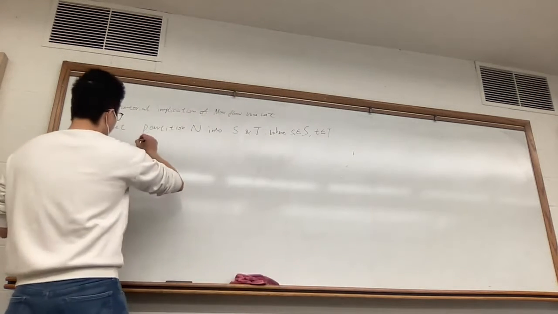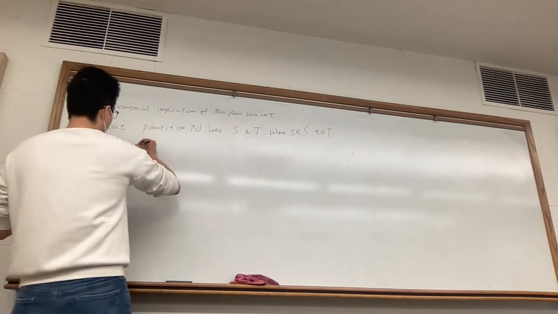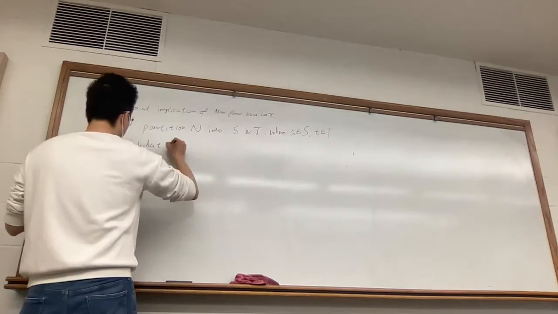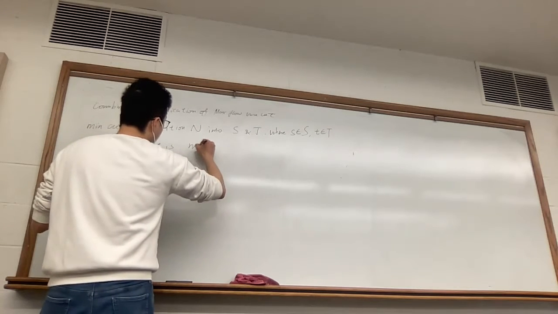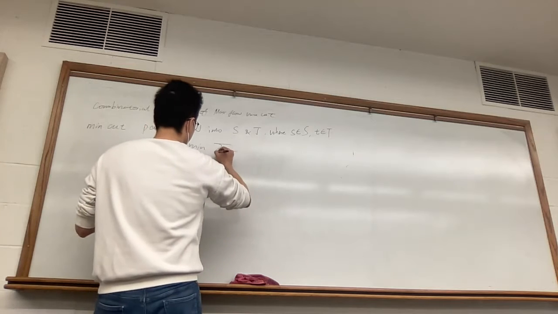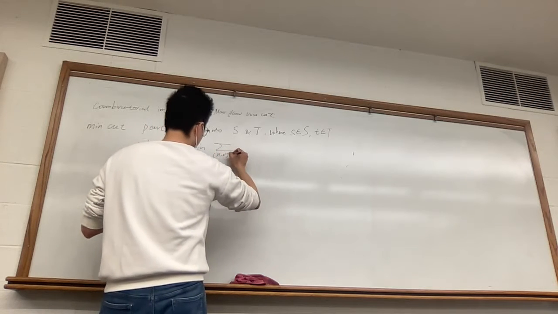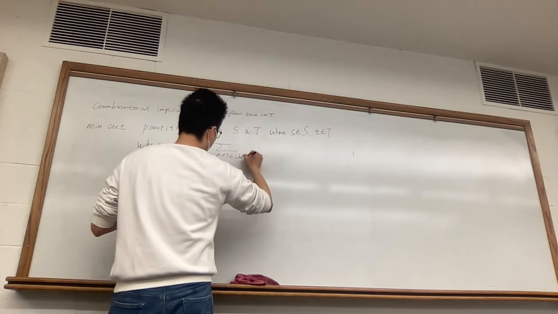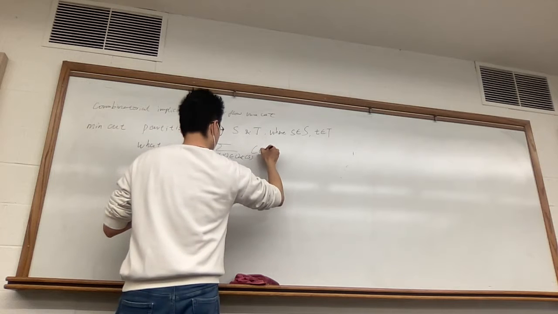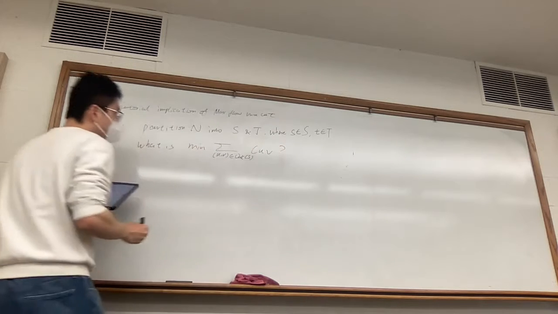Then the min cut is equivalent to asking what is the minimum over the partitions of the sum over (u,v) in E. So what does this mean?